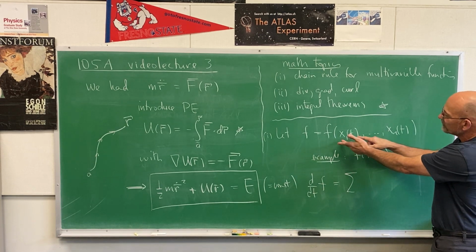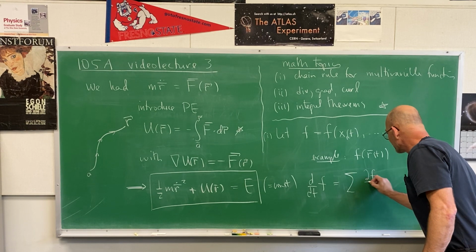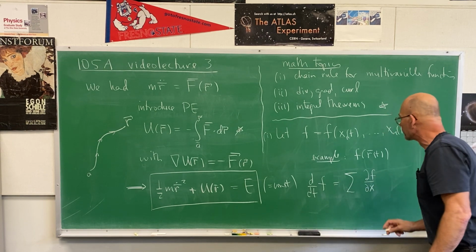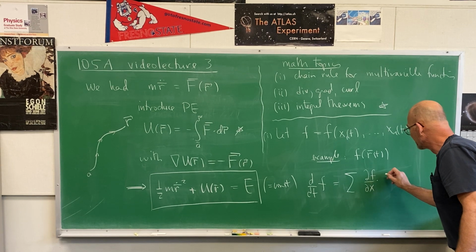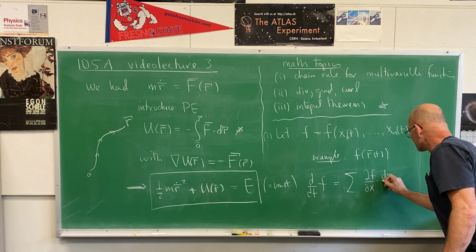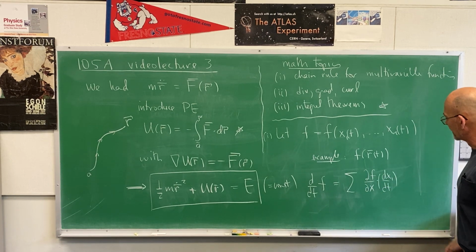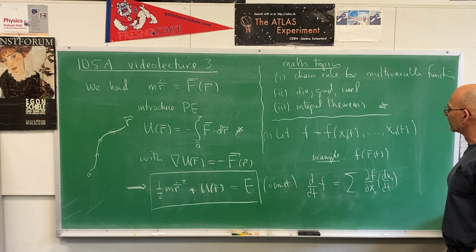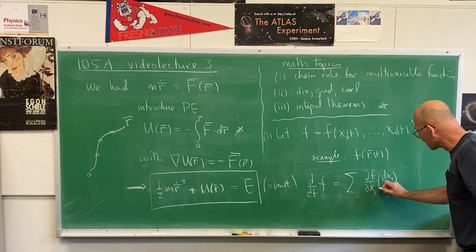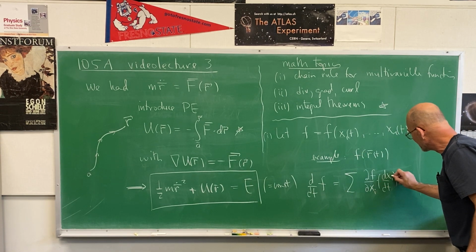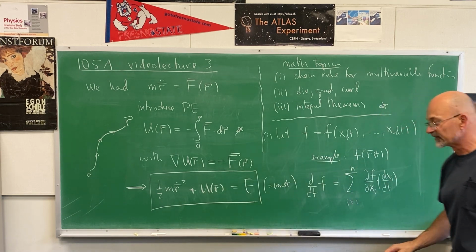If this were a one variable function, we would just have the derivative of f with respect to x1, times dx1 dt. But of course it's not just a 1, it's 1 through n, so I'll call this index i and sum from i equals 1 to n.